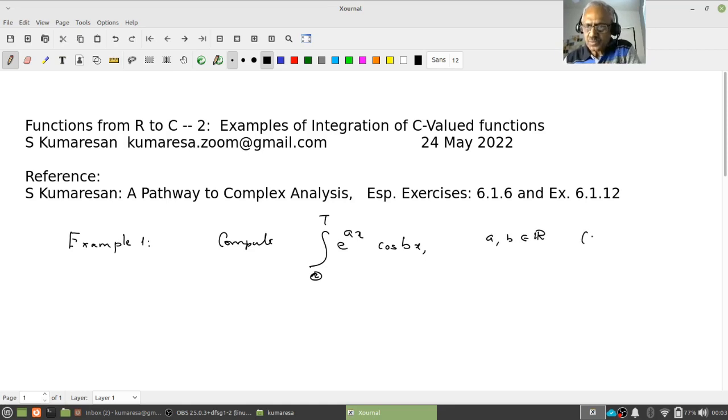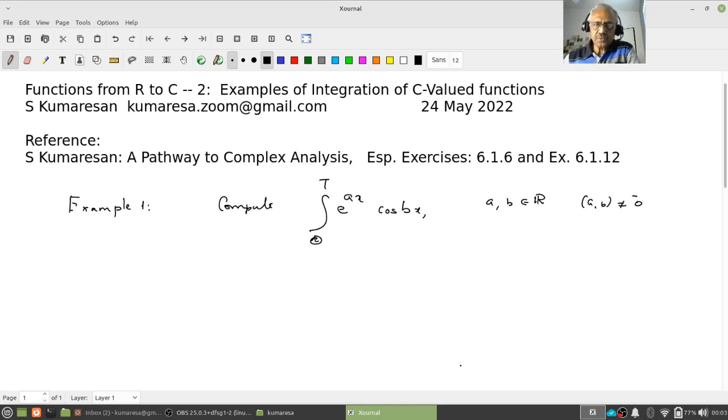Let us assume the ordered pair (a, b) is not equal to the zero vector. This is what you want to compute. Notice that this is a real valued integral.